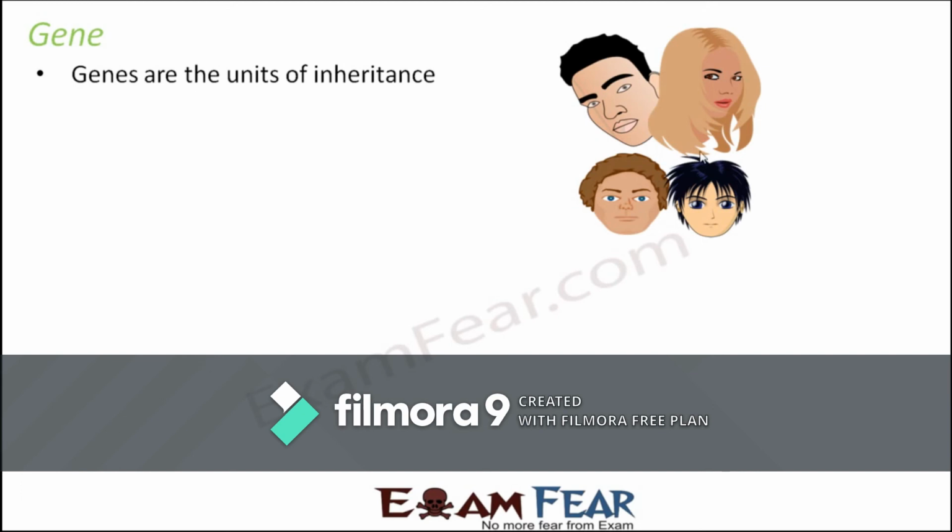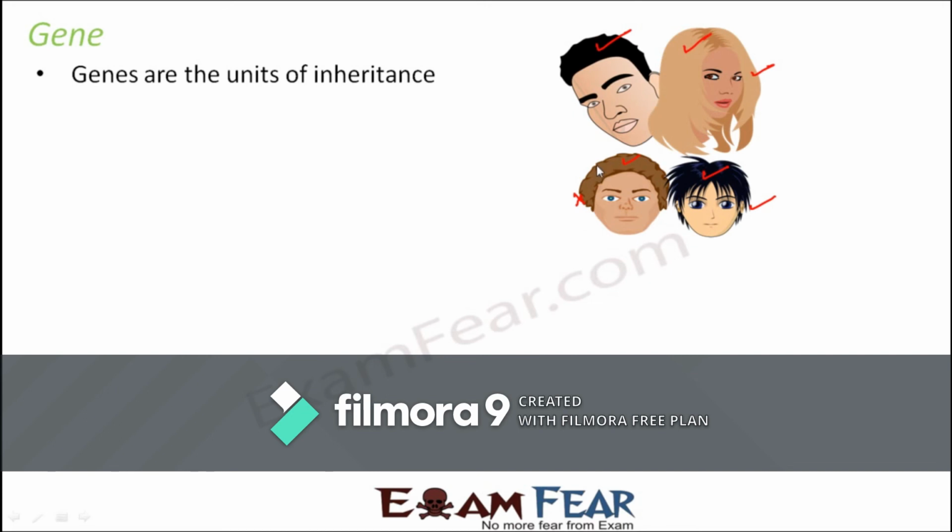Looking at this family picture, you can see that this couple has two kids. If you look at this kid, the hair color of this kid is similar to his father, but the hair color of this kid is quite similar to his mother. If you look at the eye color, again the eye color of this kid is similar to the eye color of the mother, but the eye color of this kid is different from both father and mother.